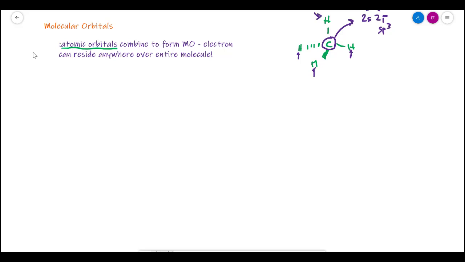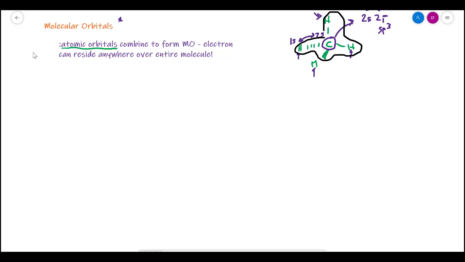They had nothing to do with the orbitals for the hydrogens in the periphery. Molecular orbitals, in contrast, take the 1s orbital on hydrogen and the 2s and the 2p orbitals on carbon, and they smash those together to form a new orbital, and that orbital actually resides over the entire molecule.